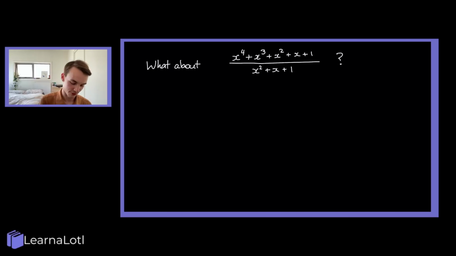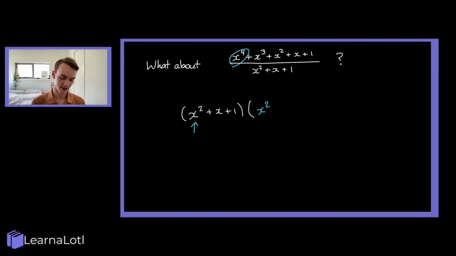I know that I want to factorize out x squared plus x plus 1. And if I start by playing my game, what do I need to get that highest order term, that x to the power of 4? I need an x squared. But then we also conjure up an x cubed and an x squared, which are both terms we want.